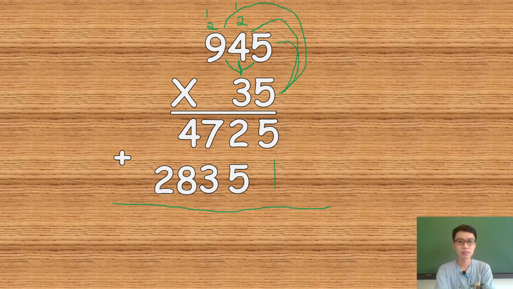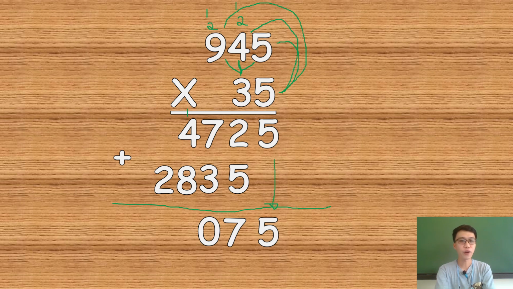Bring down 5. And then 2 plus 5 is equal to 7. 7 plus 3 is equal to 10. Write 0 and then carry 1.